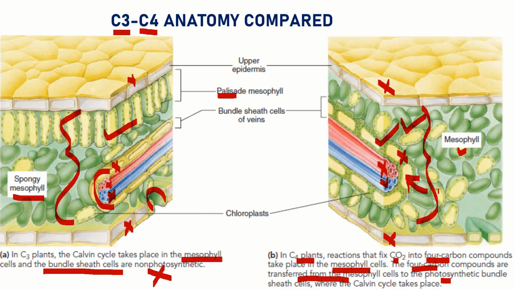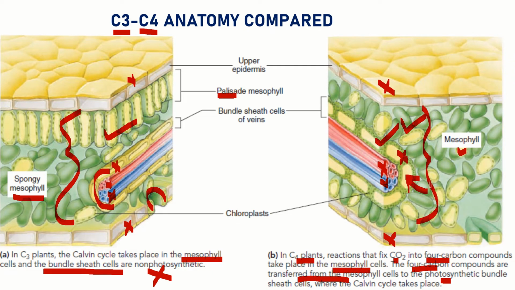Then what's the difference? In C3 plants, both the light reaction and dark reaction are taking place within the same cells. In the C3 anatomy, in the C3 plants, both the light reaction and the dark reaction are taking place in the same cells.